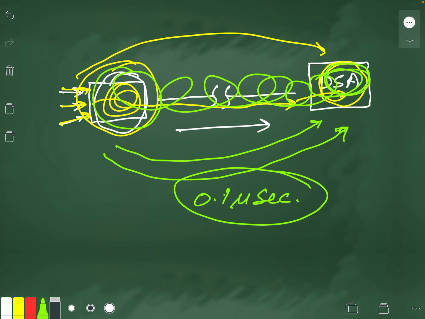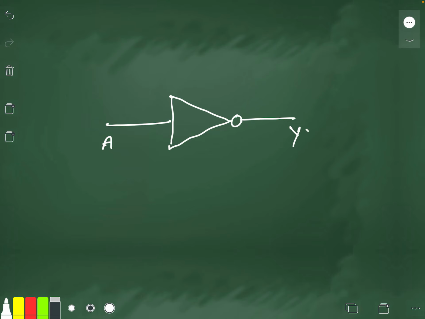The first type of propagation delay in logic circuits: suppose we take one NOT gate here. Now listen to this point very carefully. Let the input be A and the output be Y, so that Y is equal to A bar is the equation. Now I make A equal to 0, so Y is equal to 1.